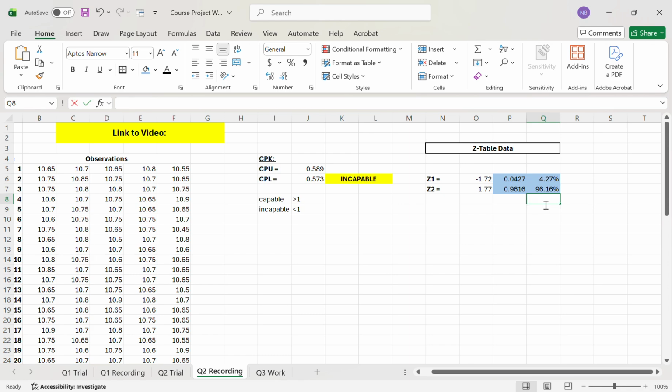So to do that, we're simply going to do 1 minus this Z value and we're going to get 3.84%.